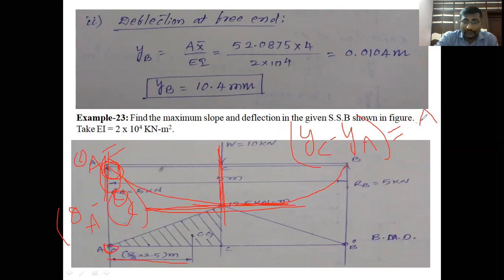So area into x bar, this is the first moment of area about the apex, divided by EI.